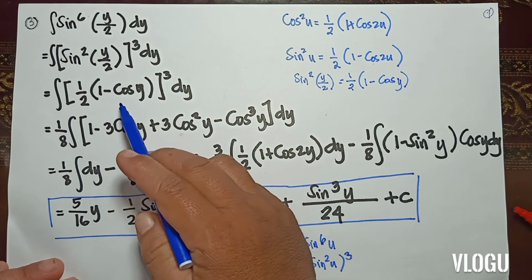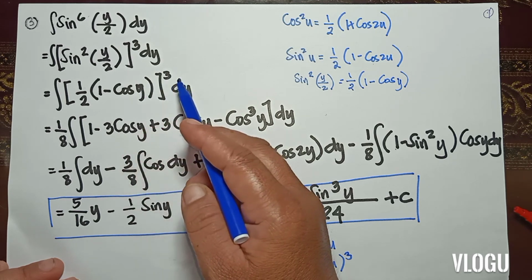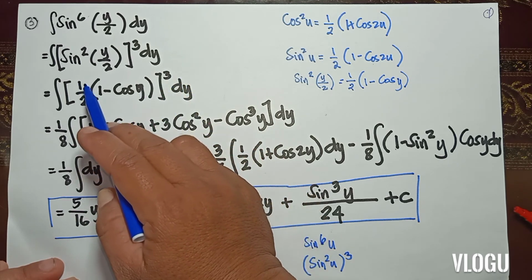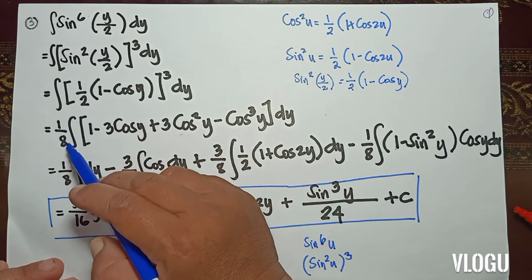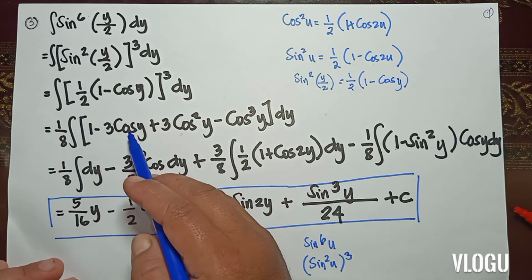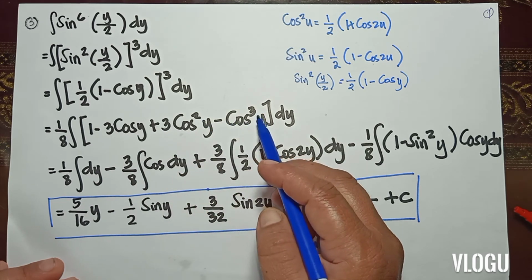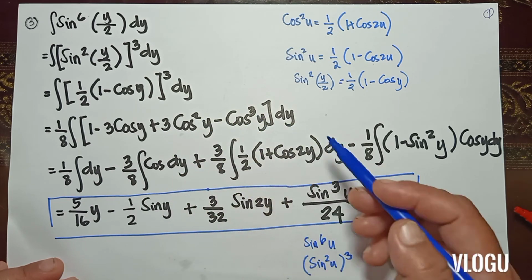Then if you are going to expand 1 minus cosine y cube, 1/2 raised cube, that is 1 over 8. 1 minus cosine y cube, you will have 1 minus 3 cosine y plus 3 cosine squared y minus cosine cube y dy.